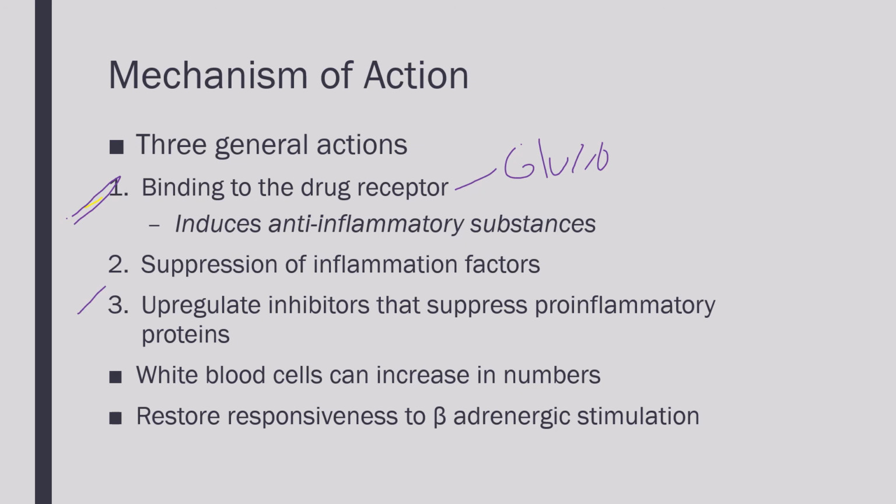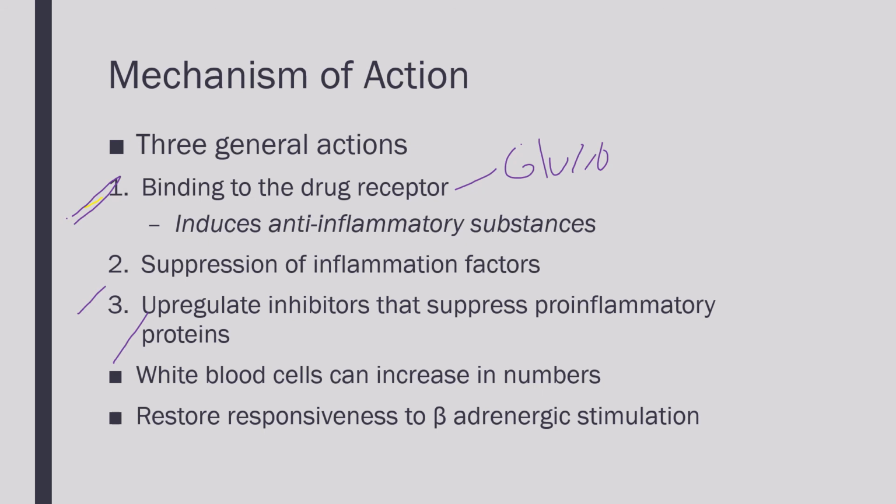And then number 3 here is going to have an upregulation of inhibitors that suppress pro-inflammatory proteins. So we're trying to reduce the amount of inflammatory regulation that's going on. The whole point there is to really limit how severe, because yes, the inflammation is a good response to have, but if it's too severe, right, it can cause harm to the patient.